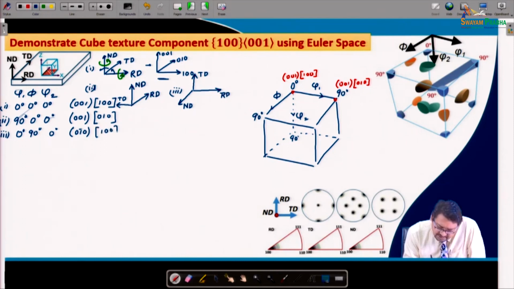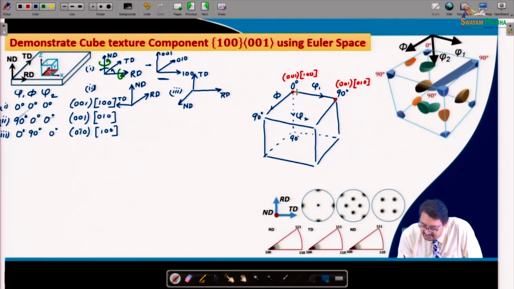So, the position of the another pole of the cube component is basically at 0, 90, 0. So, phi 1 is 0, phi equal to 90 and phi 2 is 0. So, this is the position, right. Another position we can find out like this.